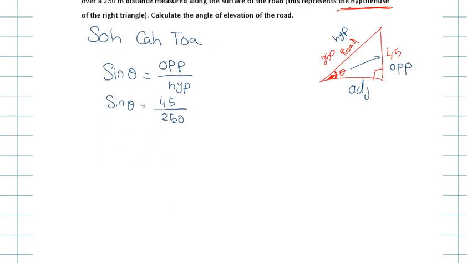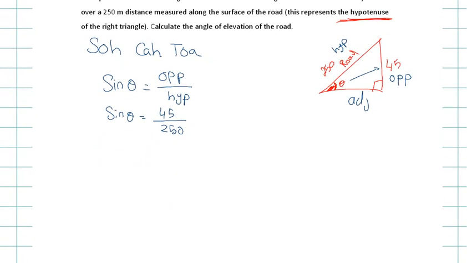So what's 45 over 250? It's 0.18. If there are more decimals, you have to include at least 4.